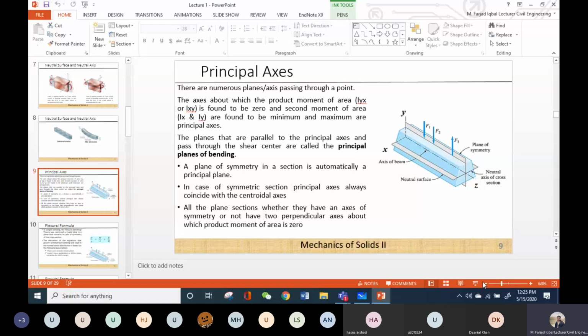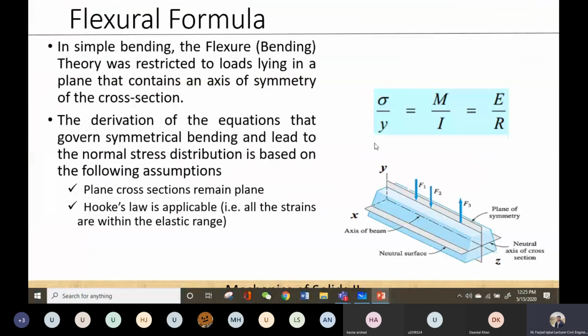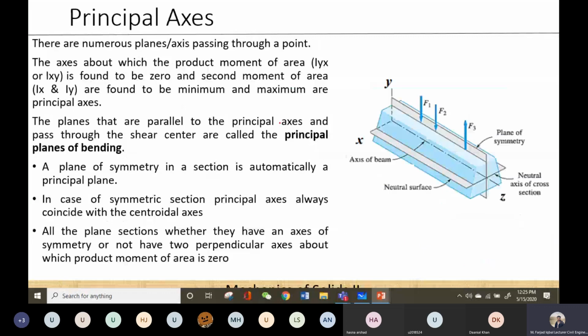The principal planes are simply the planes which, in this case, are parallel to the principal axes, and they are also called the principal planes of bending. For example, these planes of symmetry in this symmetrical section are the principal planes of bending as well.